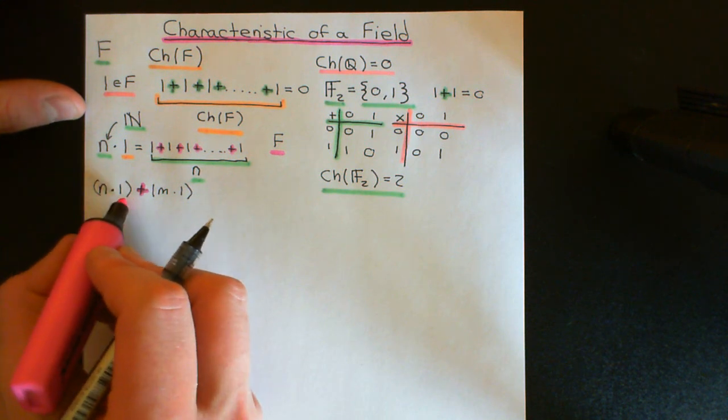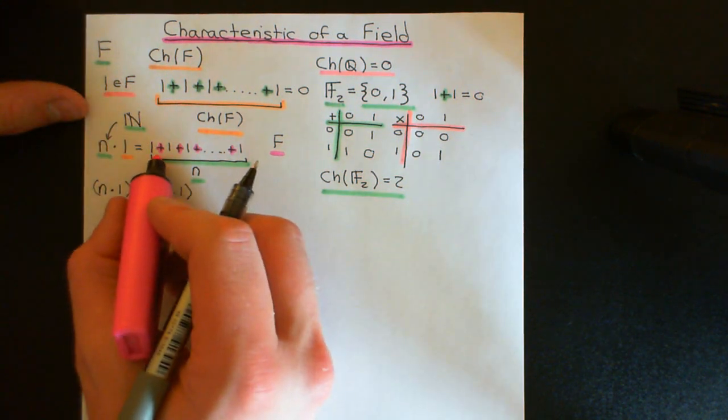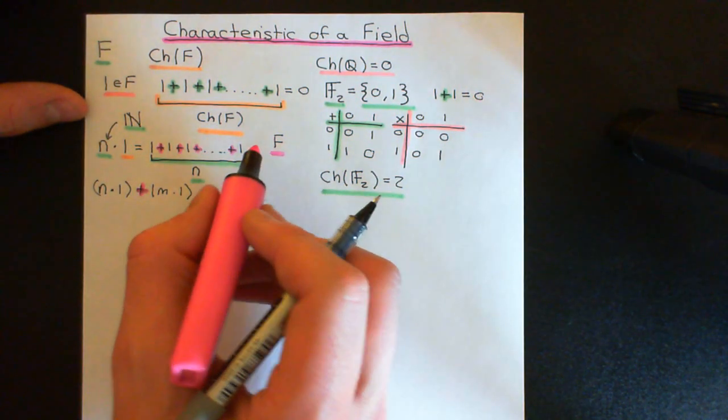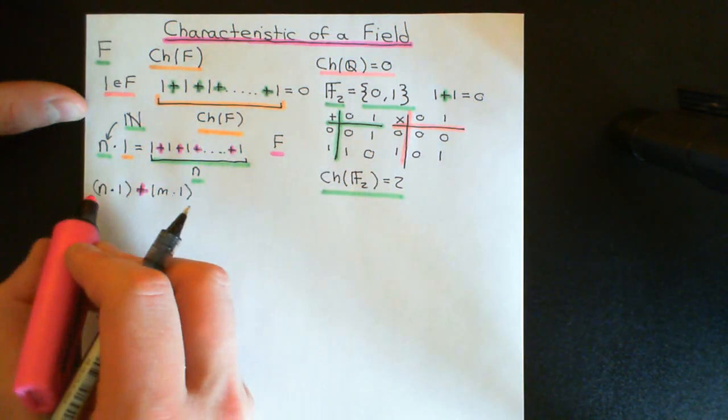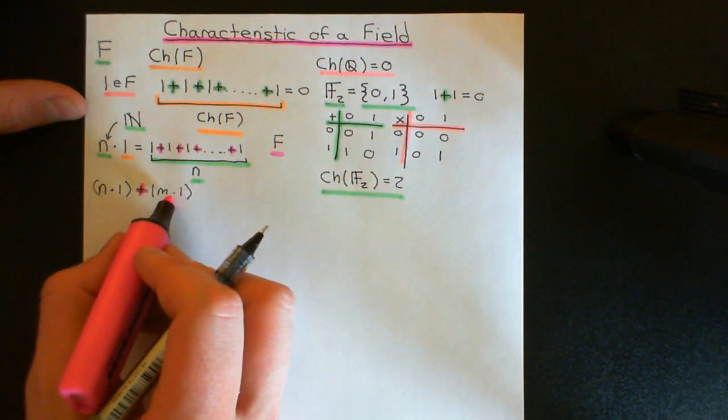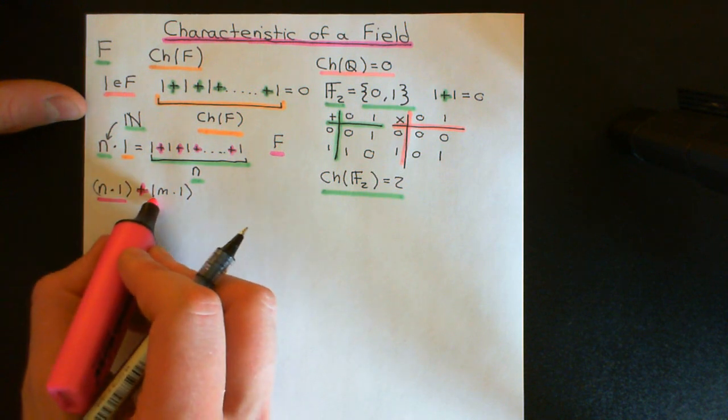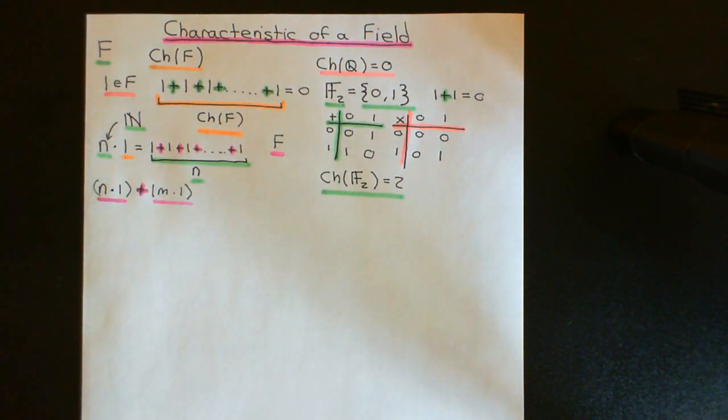Remember, this is just an element of the field. It just means this: add 1 in the field to itself n times, so you'll get some answer that's in the field. So this is just an element of the field, and this is just an element of the field. So I'll underline them both in purple because they're both elements of the field, and we're denoting things to do with the field in purple. So you're adding those two elements of the field together in the field.